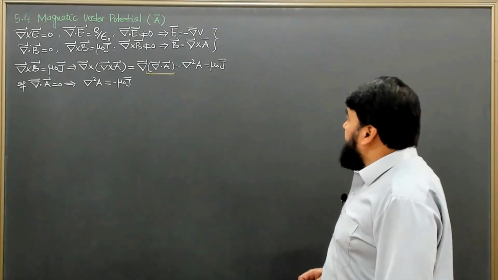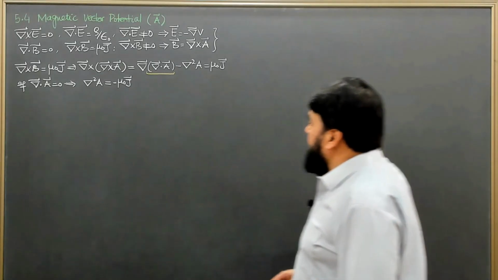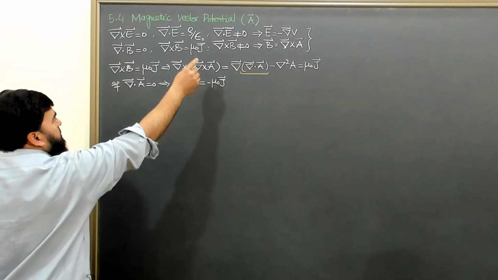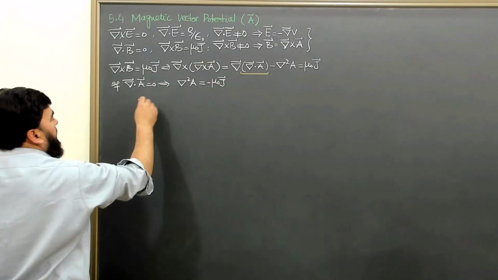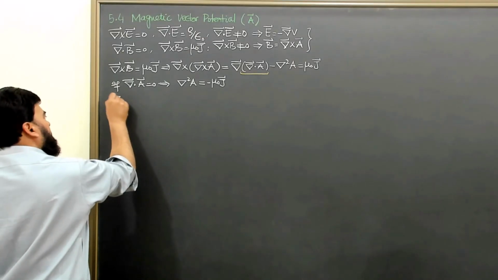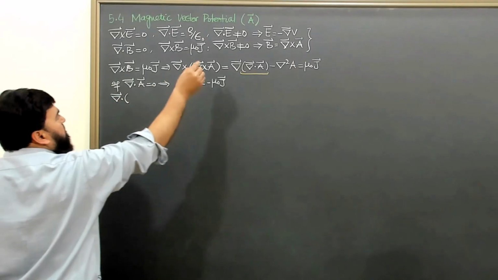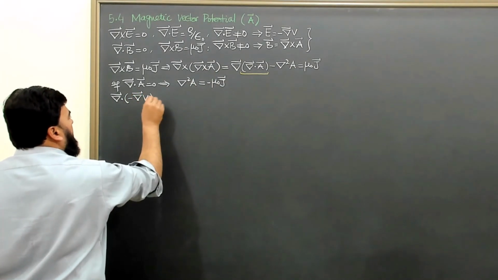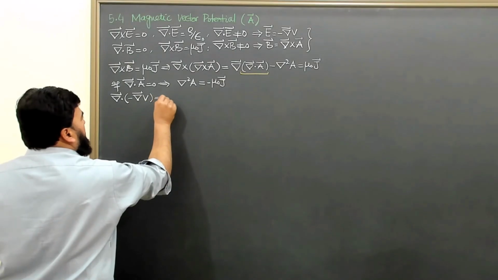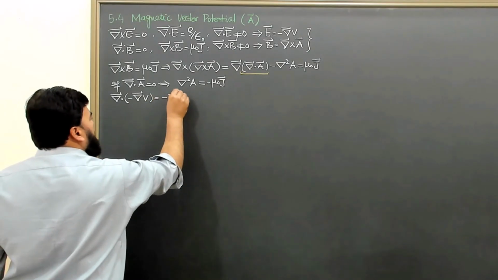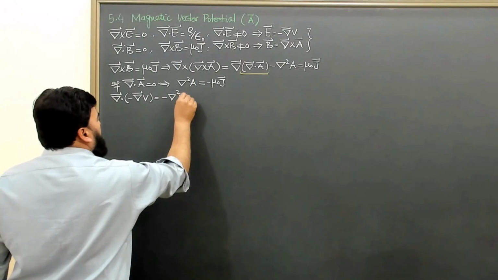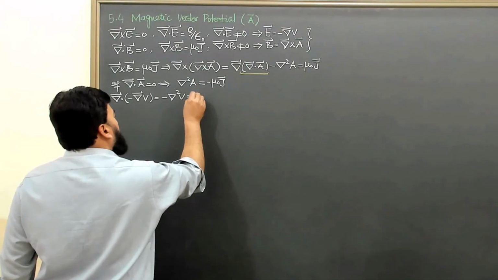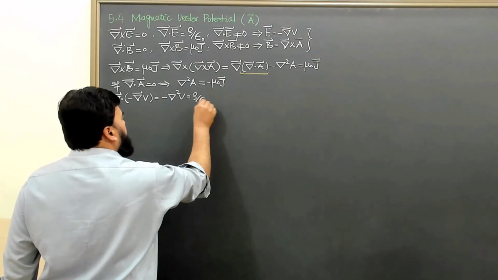Let me write it from here. E is such that divergence of E is non-zero, and for E I can write minus del V, so divergence of E is equal to minus del square V, because it is the divergence of a gradient, and this is equal to rho over epsilon naught.